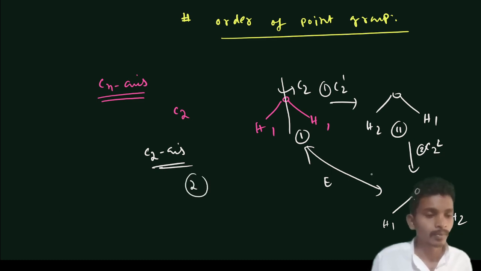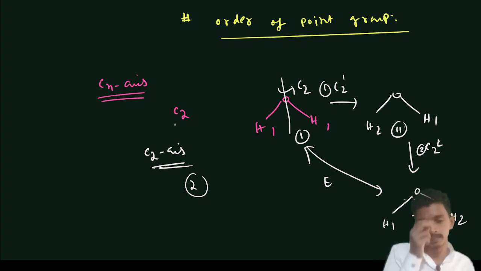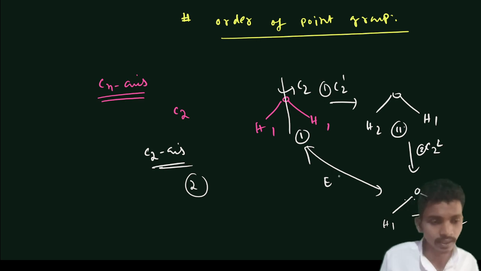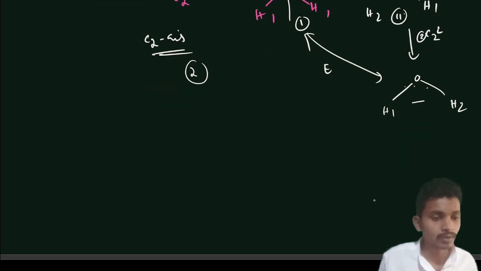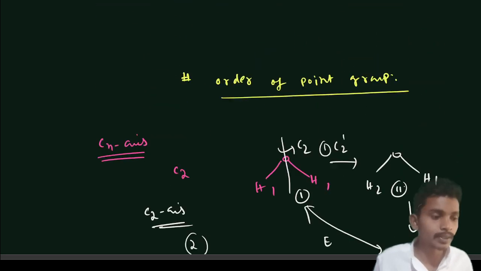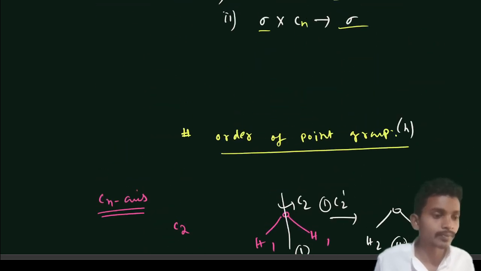Here we are including the identity. If we exclude the identity, then we get only 1 operation because these and these are identical. But if not asked, and it says specifically for the C2 axis, then we need 2 operations to get identical orientations. So the order of point group is represented by h.